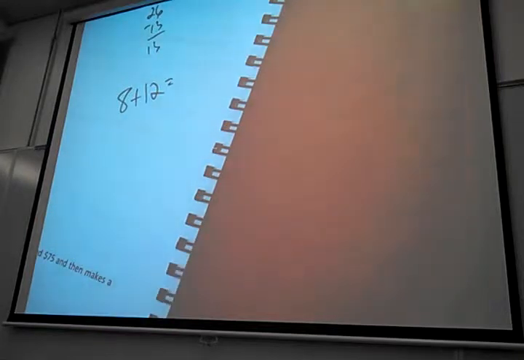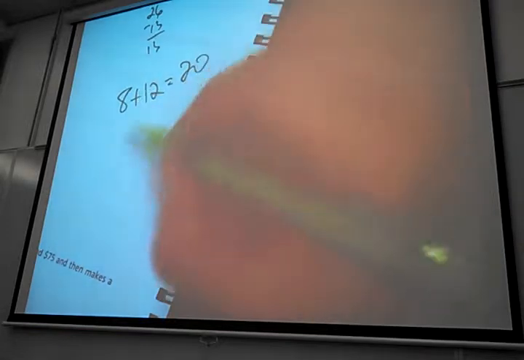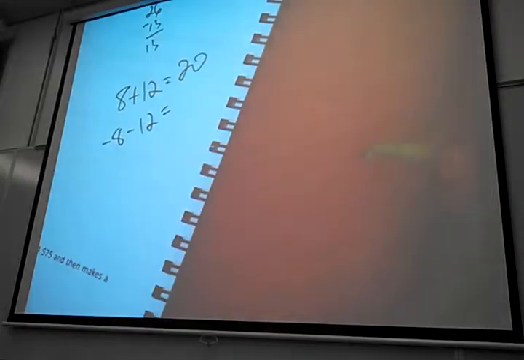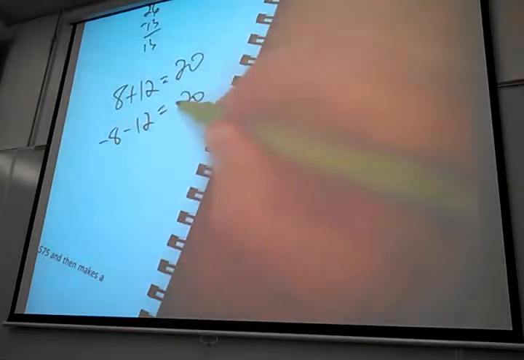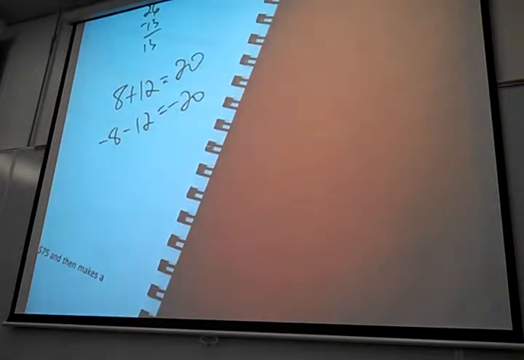So 8 plus 12 is positive 20. But what's -8 minus 12? -20. 8 and 12 makes 20. They're both negative. Put the negative sign back on. So when they're the same sign, you add them. And then you put the sign back on.